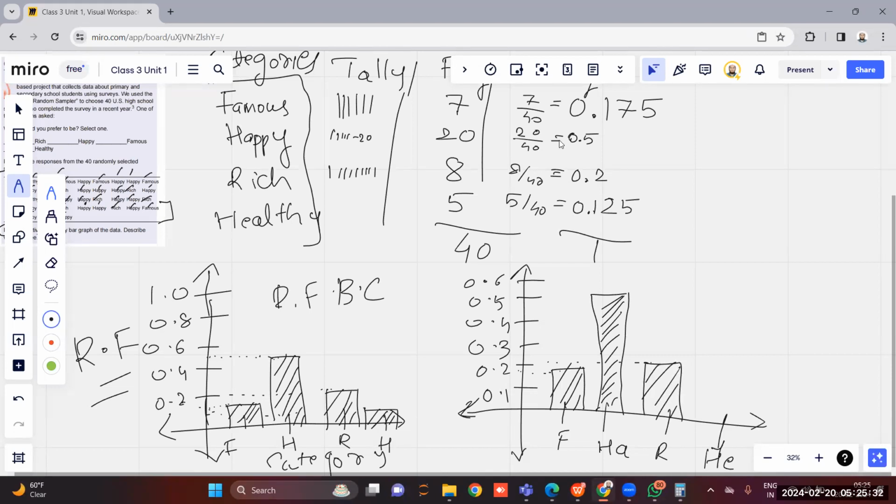Now the next one is 0.125, exactly above 0.1. Is it clear, with different scales, what I have plotted here? Okay. Now we'll move on to the next graph.